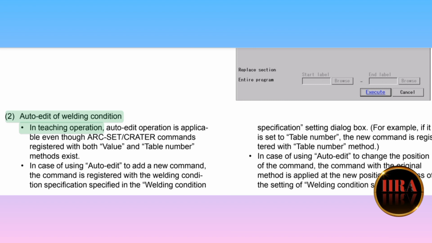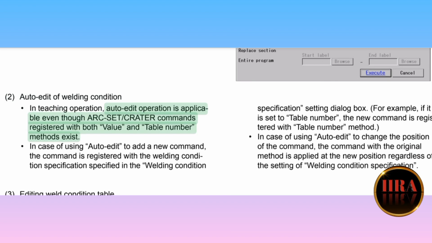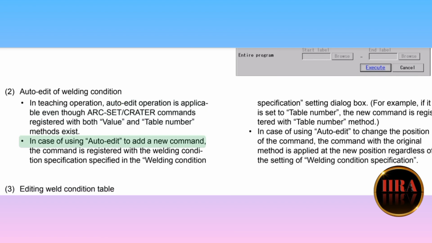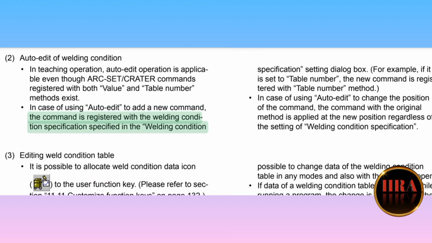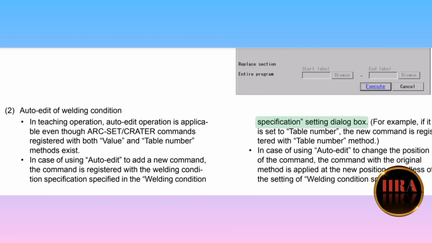2. Auto-edit of welding condition. In teaching operation, auto-edit operation is applicable even though arc set and crater commands registered with both value and table number methods exist. In case of using auto-edit to add a new command, the command is registered with the welding condition specification specified in the welding condition specification setting dialog box.